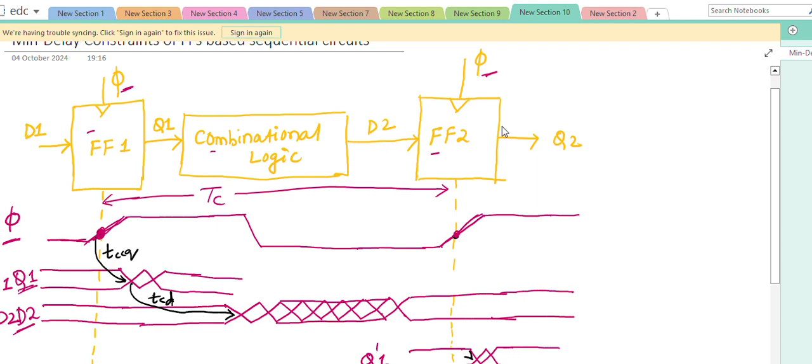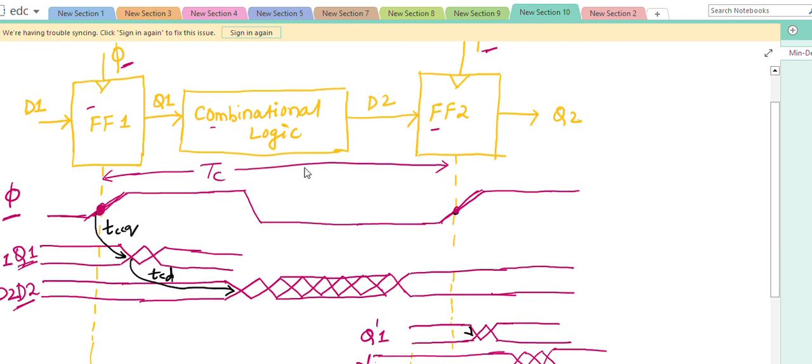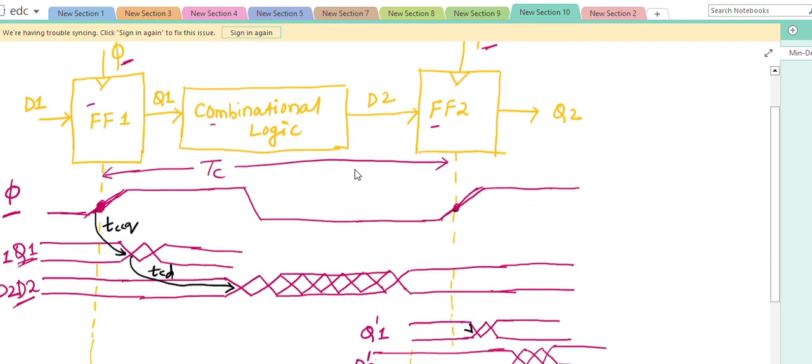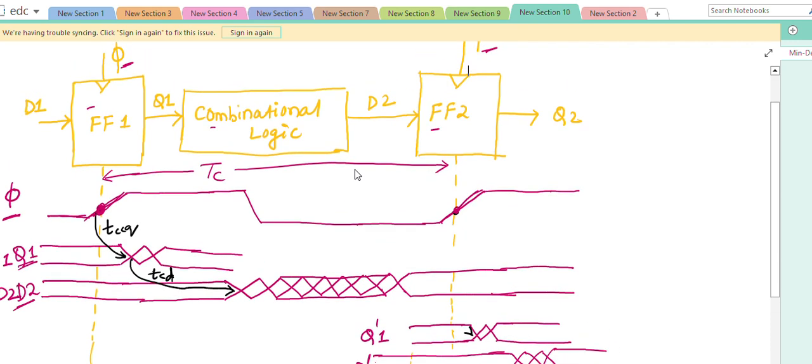Now we'll understand how the minimum delay constraint expression is calculated. In the first clock rising edge, flip-flop 1 is active, so D1 will come to Q1 after some delay.